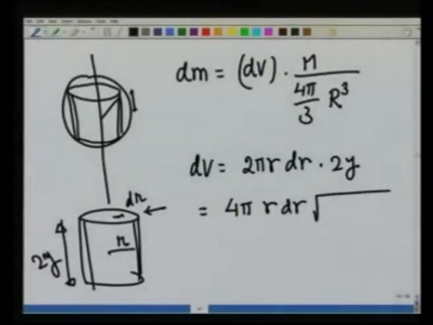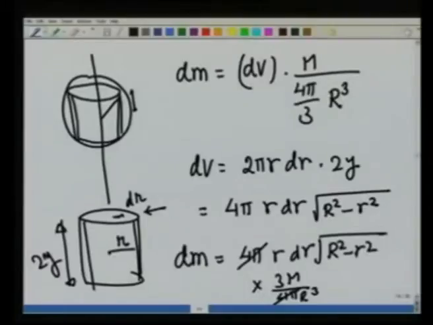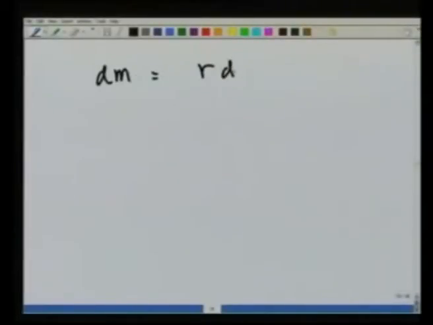Y, as we calculated in the previous example, is going to be the square root of R square minus r square, and therefore, the mass is 4 pi r dr square root of R square minus r square times 3m over 4 pi R cubed. This 4 pi cancels, and therefore, I get as the mass of this shell dm equals 3 r dr square root of R square minus r square m over R cubed.